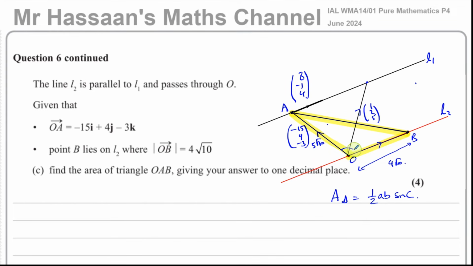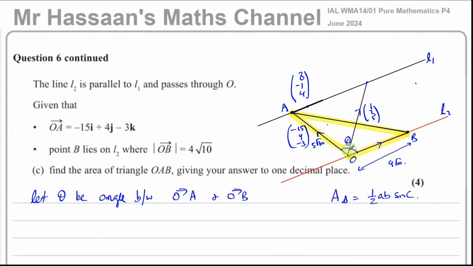So if I can find the angle, let's call it theta, the angle between OA and OB, then I'll have a half times AB sine of the angle, and it will give me the area.